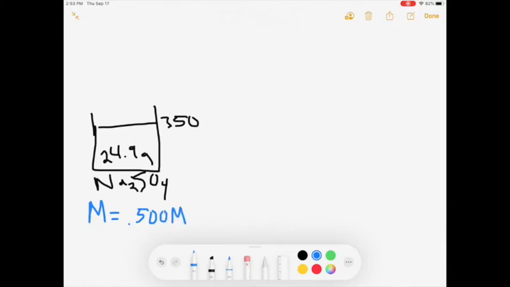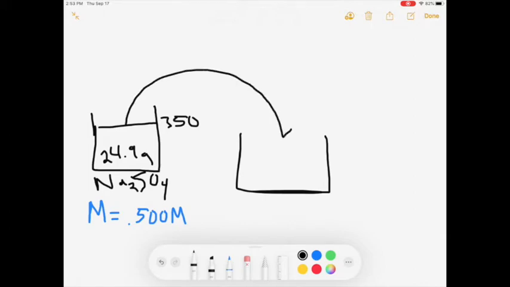Anytime we make a solution like that, we call it our stock solution, because we can take the stock solution and take some volume out of it and make diluted solutions. So we can make a solution out of this one. We're just going to take out of the stock solution, put it in here, and then we'll fill the line up to, let's say, 250.